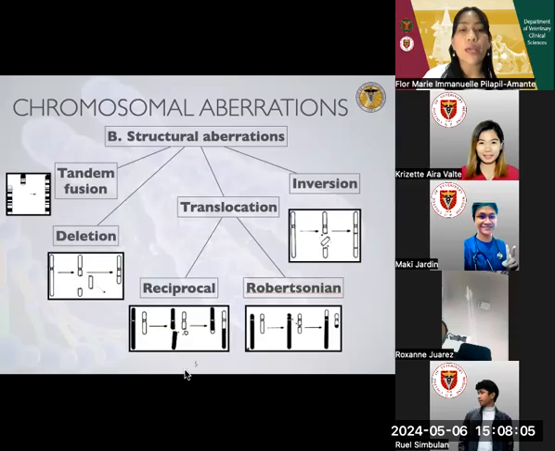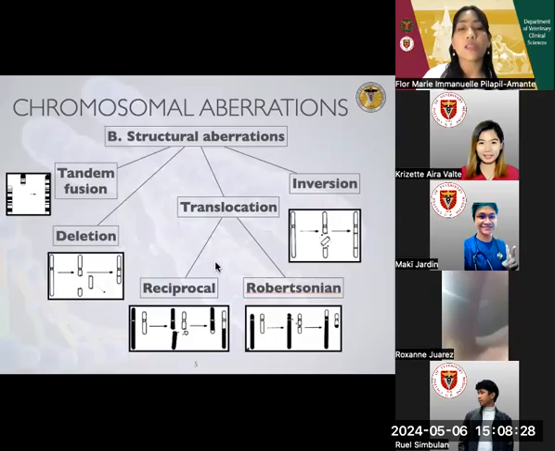We can also have translocation, which could either be reciprocal or Robertsonian. But this just means that chromosomes interchange their legs or their arms, and it would be dictated by the location of the translocation.